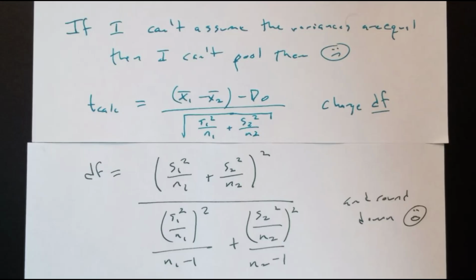I believe on our Canvas page, I put a sample Excel sheet that does do this from summary data. I think it's in our examples, might be in our handouts.